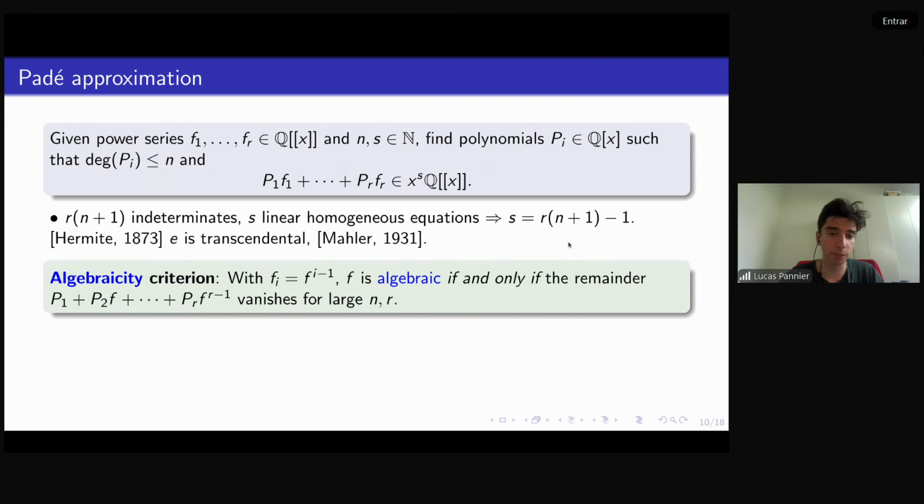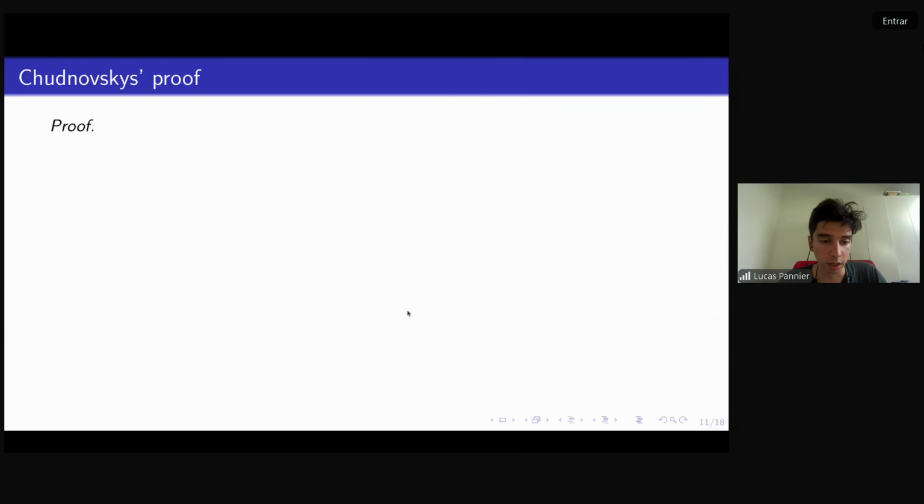So what's the link between Padé approximation and algebraicity of some functions? Well, if we take the very specific case when the power series F_i are powers of the same power series F, then F will be algebraic if and only if the remainder of the Padé approximation vanishes for large enough values of n and r. And so this is what we will use here.